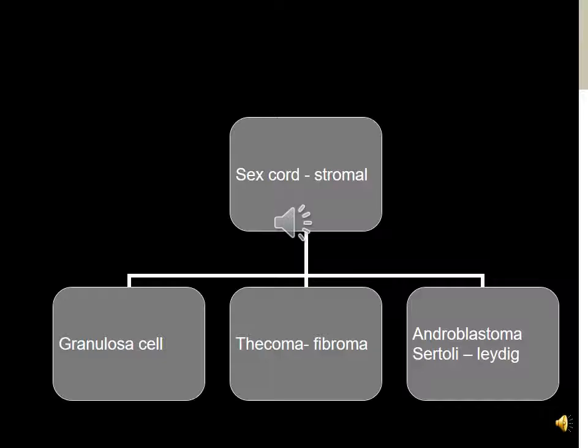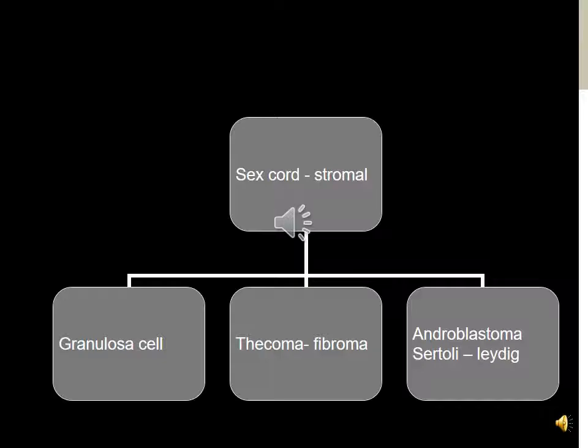Now I'm going to talk about the sex-cord tumors. The sex-cord stromal tumors are the granulosa cell tumor, thecoma, fibroma, and arrhenoblastoma, also known as Sertoli-Leydig cell tumor. These tumors share the same features. They arise in older females.